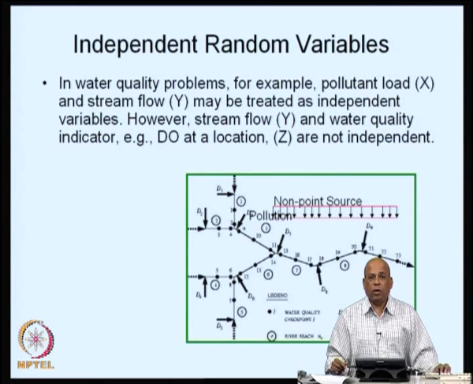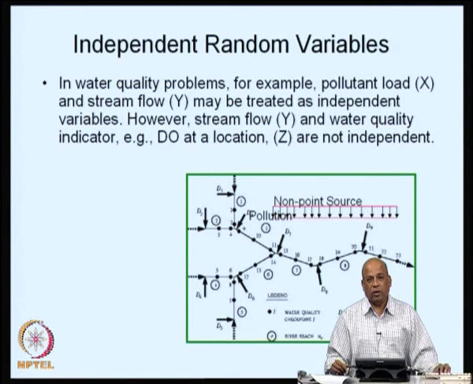Now, when we say two random variables are independent, what does this mean? This means that the distribution of one of the random variables, let us say x, is in no way influenced by the distribution of the other random variable.